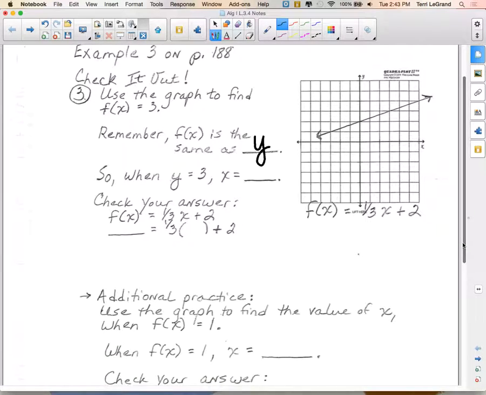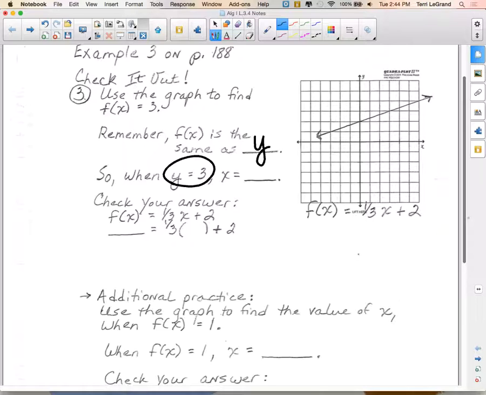So when they said use the graph to find f of x equals 3, remember, f of x is the same as y. So they're saying f of x is 3, and we're supposed to find out what the x value is. So yes, they did give us the range value, and we have to find the domain value using the graph.